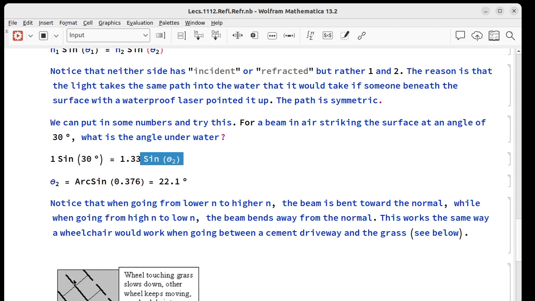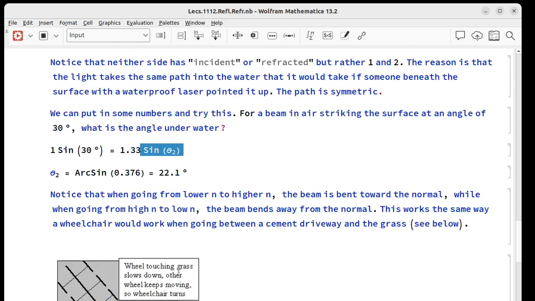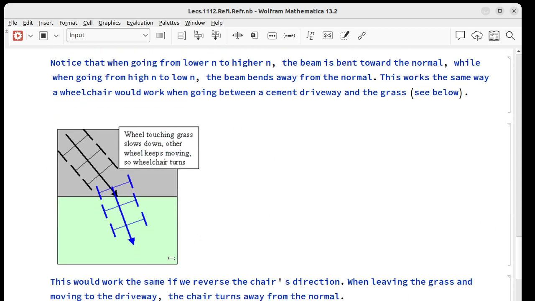So you get the wheelchair bending towards the normal here as it goes into the grass. If you were leaving the grass, the first wheel that gets on cement, this one, the right one, would be moving faster and you'd turn this way. So it's a pretty decent mental model.